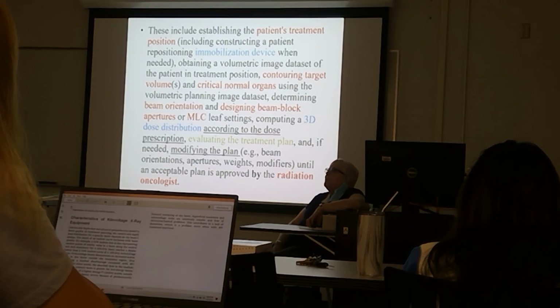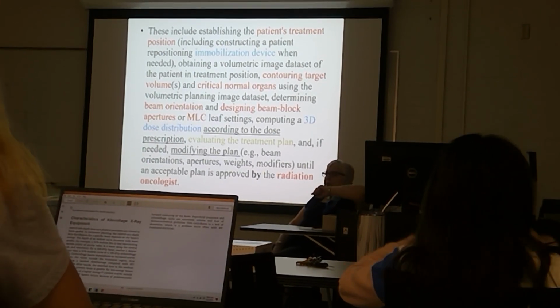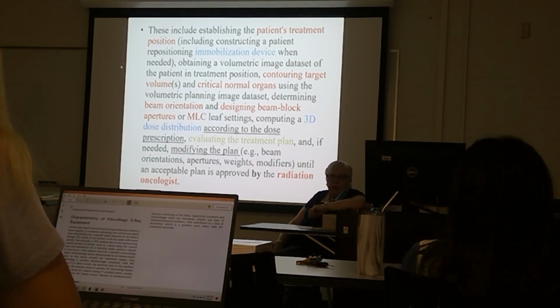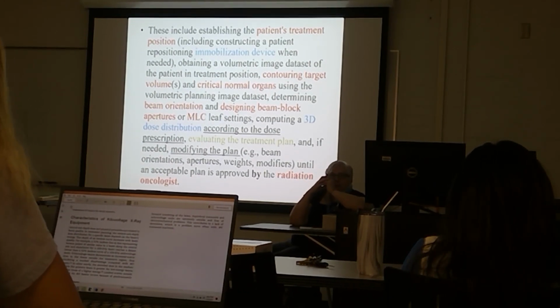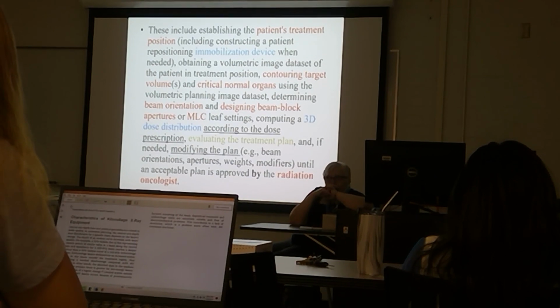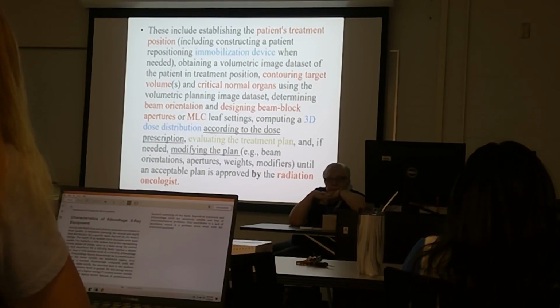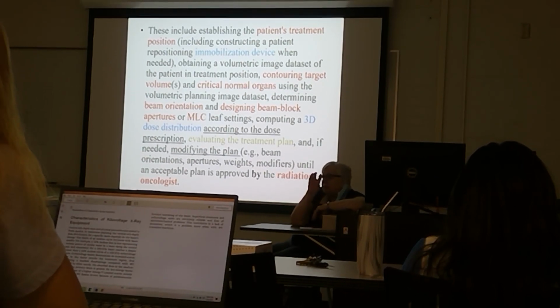To put it very simply, if you're doing, say, a 4-field box, you want 100% to the center of the field, right? So you would do how much from each field? 25 from each field.